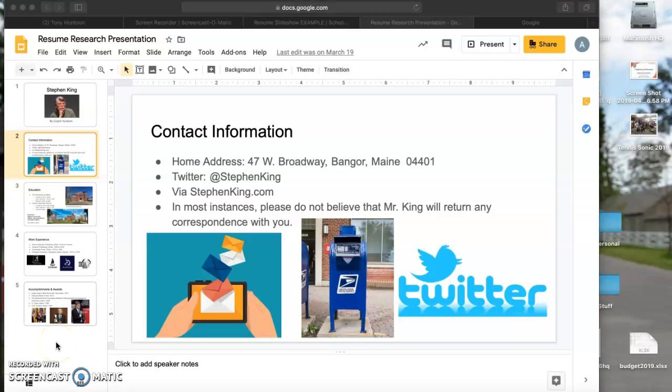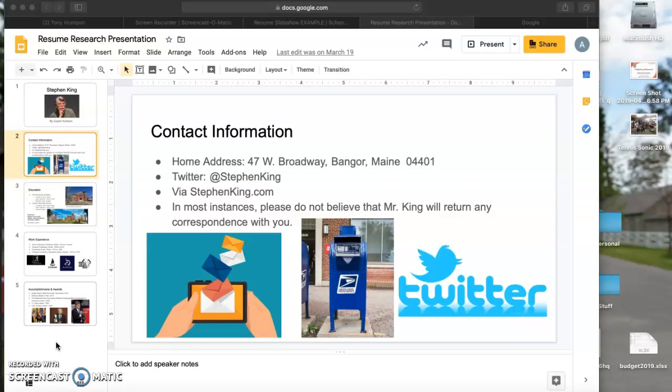Now, if you are somebody that did not get so lucky, you need to find an address that you can possibly send a hard copy to your person. That may be an agency that represents your person, or it could be where they actually work. Either way, you need to have some kind of hard copy address listed on your contact information sheet.